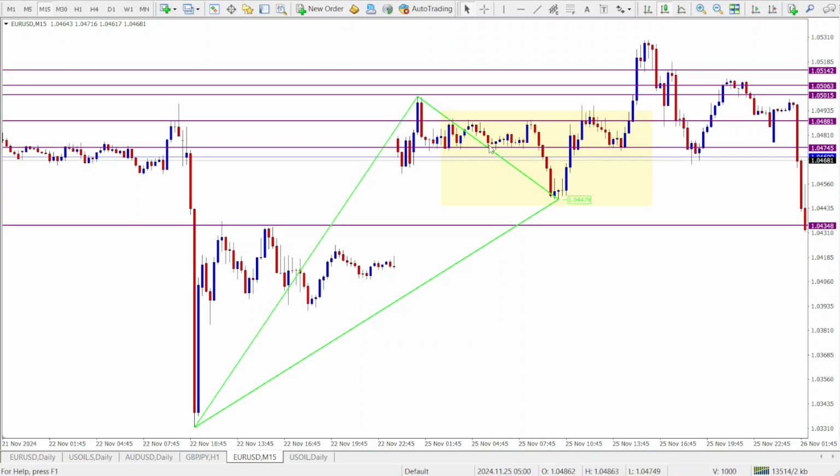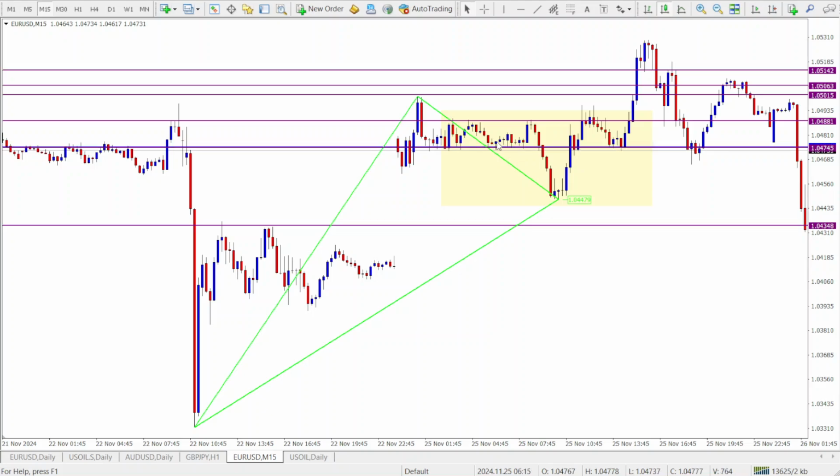There is a support that formed around here, as you can see. It came back and retested this horizontal support before we finally had a breakout in an upward direction. Okay, so if you had entered immediately after the price broke out, that's the reason why it's not good to enter immediately after a breakout happens. Wait for a retest first to validate that breakout.